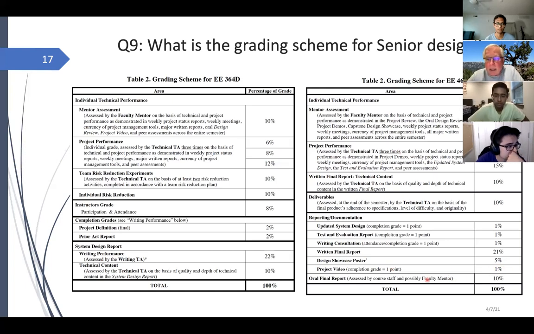And then in 464, you will meet with your faculty mentor, and you'll also do an oral final report, and that's about 10%. All right, so that's the rubric for both the classes.